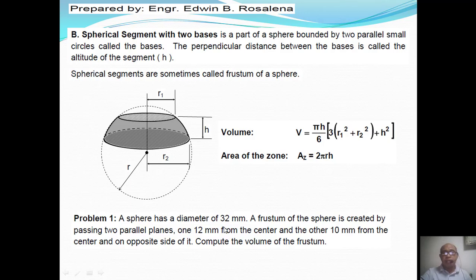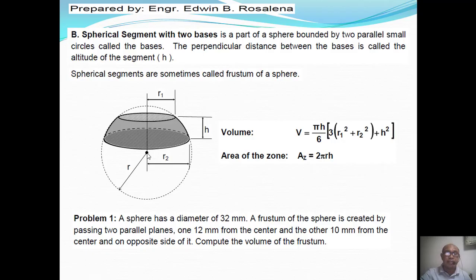So, there is a sphere with diameter 32, so the radius is 16. The frustum is created by passing two parallel planes, similar to this, no? One 12 from the center, the other 10 from the center, but from opposite sides of the center.